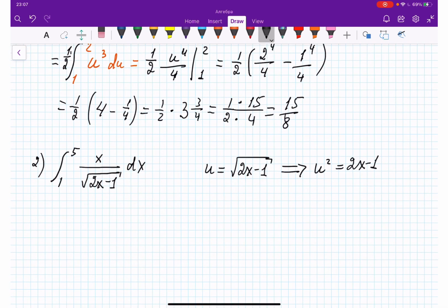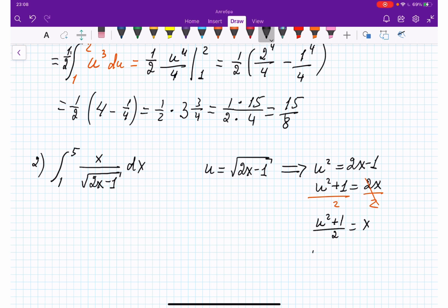So from here, u squared plus 1 is equal to 2x, and dividing by 2, we are getting u squared plus 1 divided by 2 is equal to x. We also need to find dx by du.